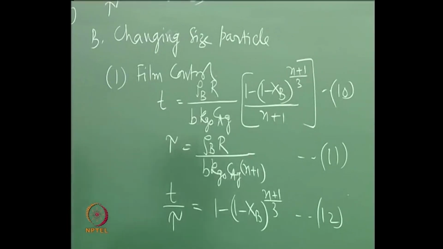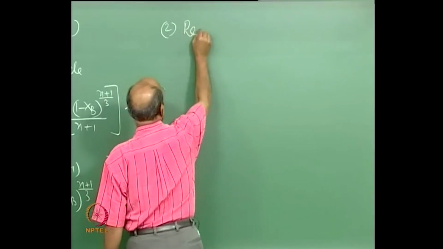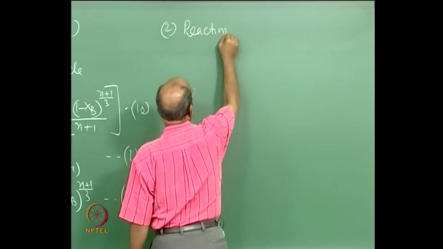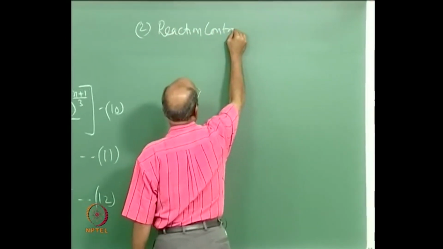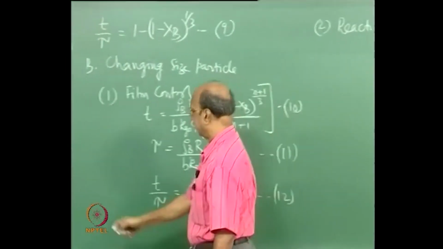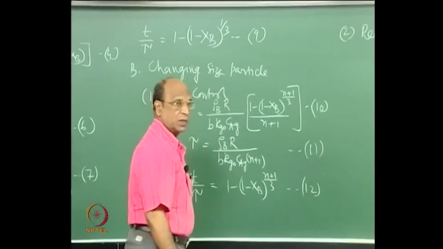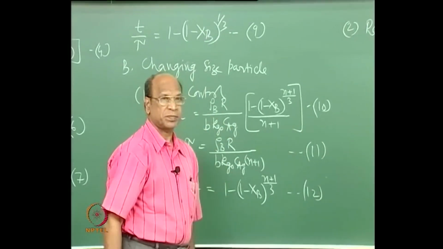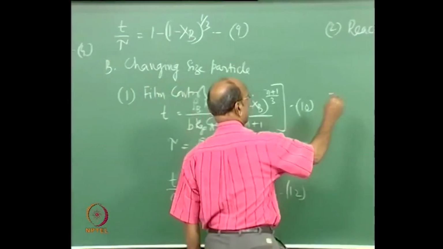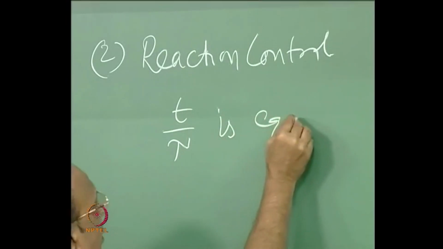And the next one is reaction control. For reaction control, T by tau is given by equation 9.